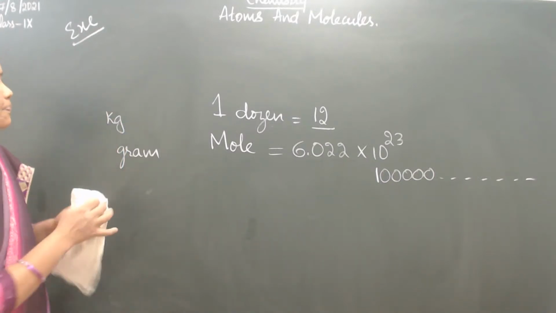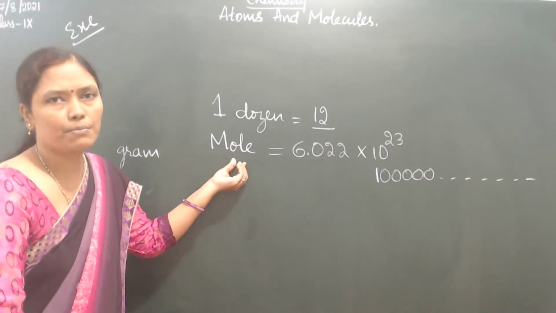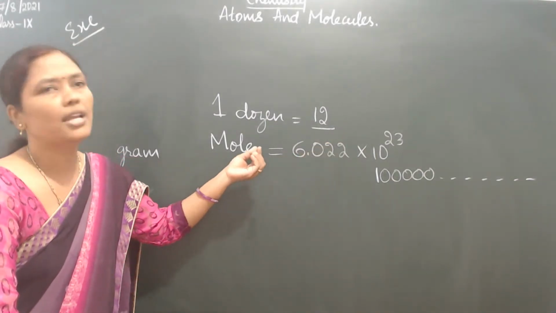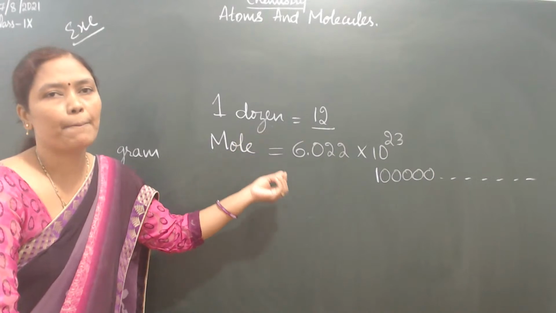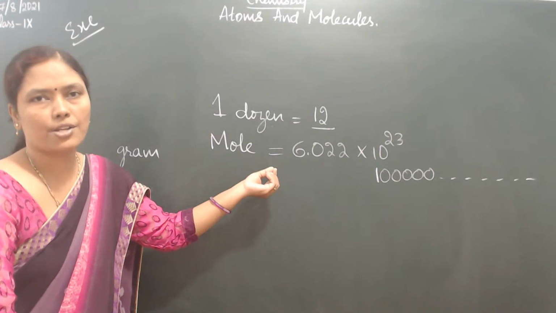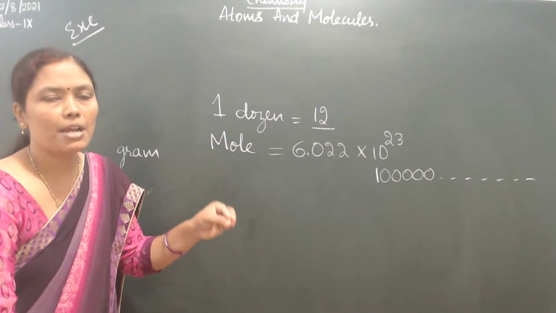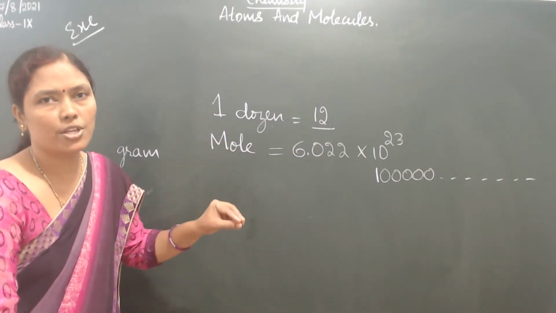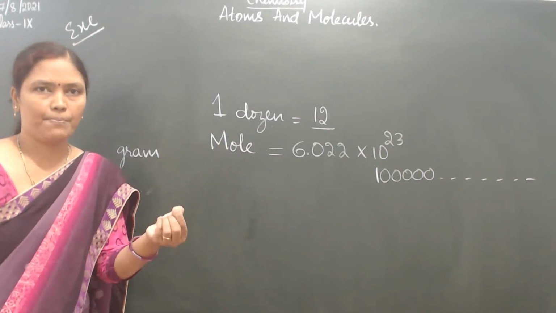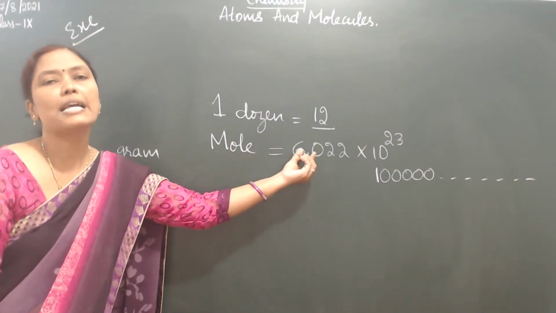But the number 6.022 into 10 to the power 23 is used in chemical reactions. In chemical reactions, many atoms or molecules are present, so to deal with the small atoms and small molecules, this number is introduced in chemistry.